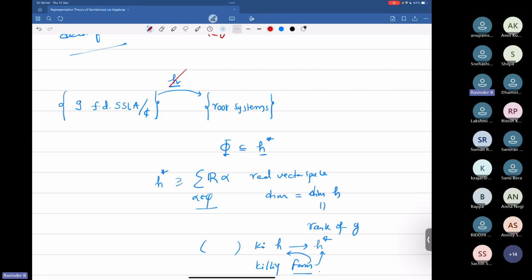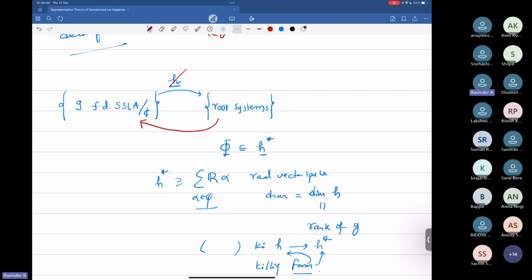So they're all isomorphic. One more important thing is, if you fix a root system, you can go back to G. Every root system gives a finite dimensional semi-simple Lie algebra.